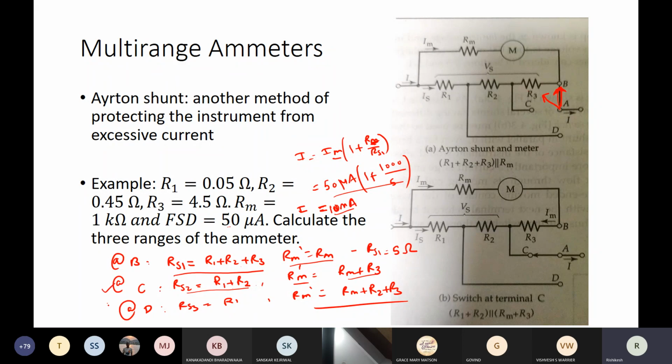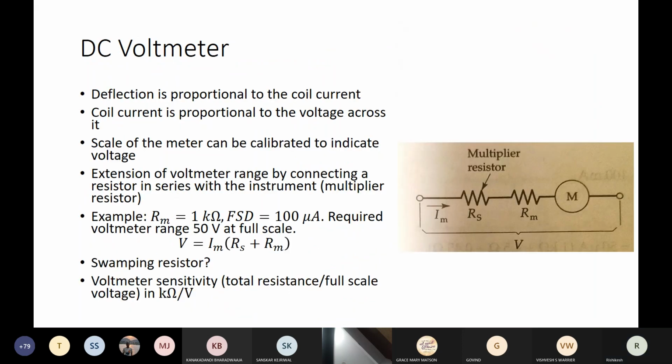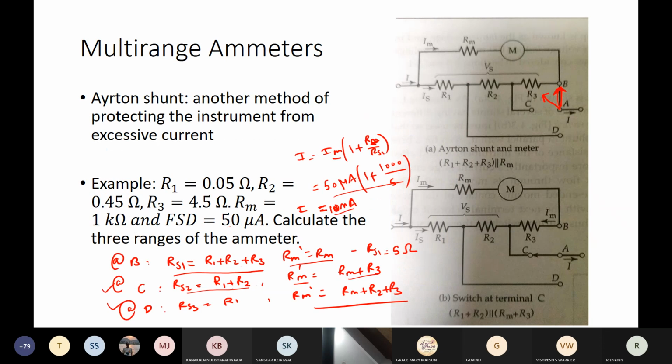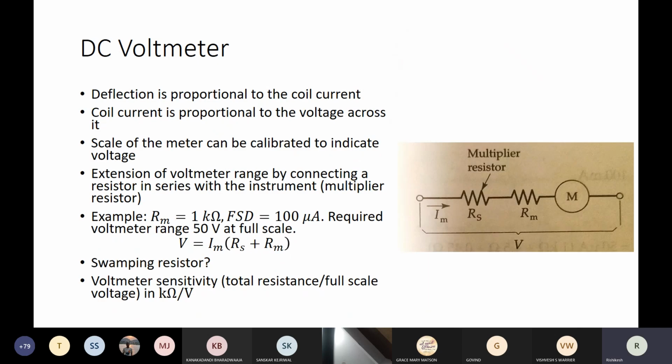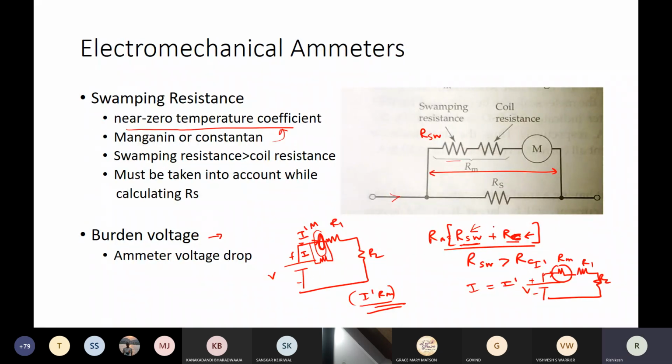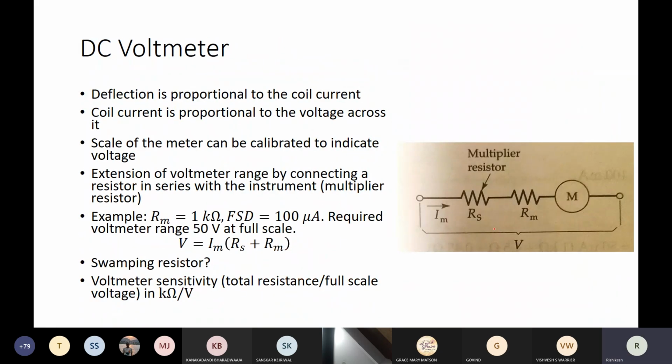So this part and this part. We have seen how one can easily design an ammeter using the PMMC instrument. Now, a similar idea can be extended to design a voltmeter. Remember, we are discussing current measurement for DC quantities.